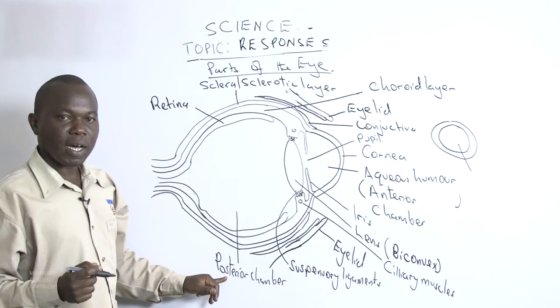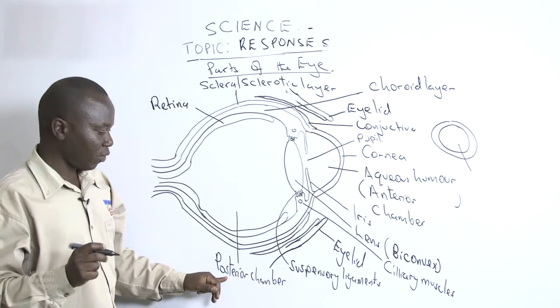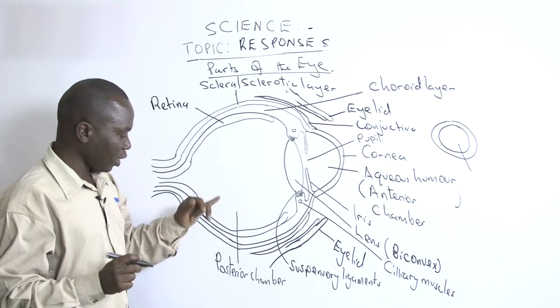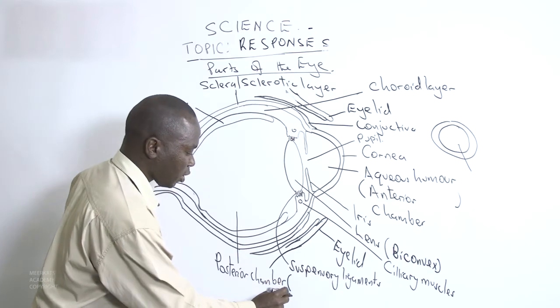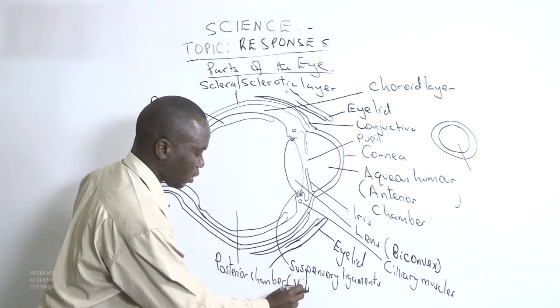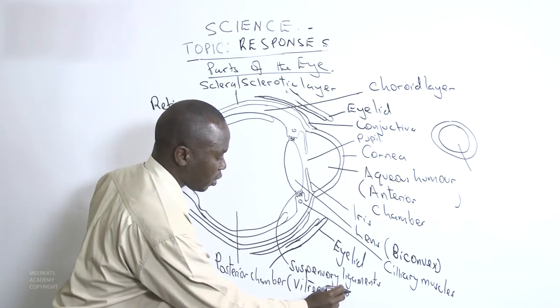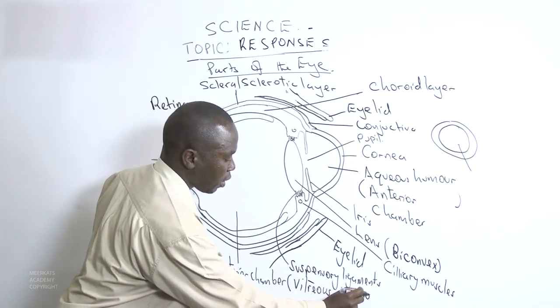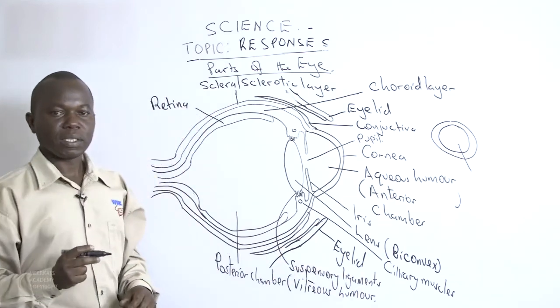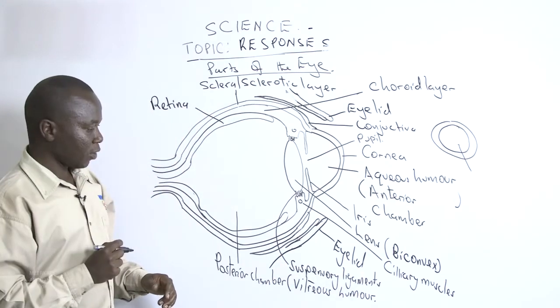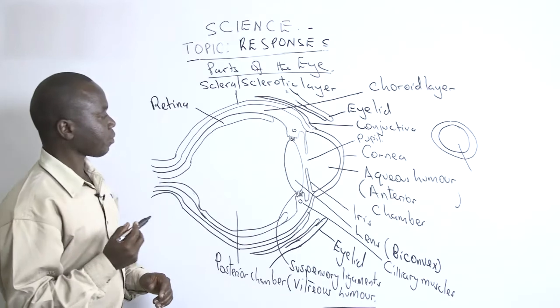The posterior chamber also has a transparent fluid. The fluid that's found here is given a name called vitreous humor.